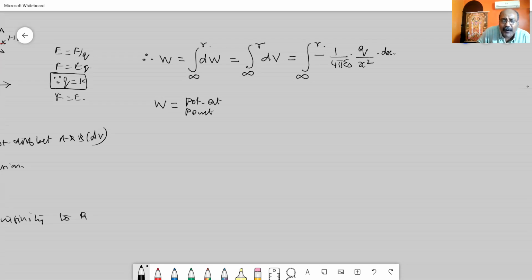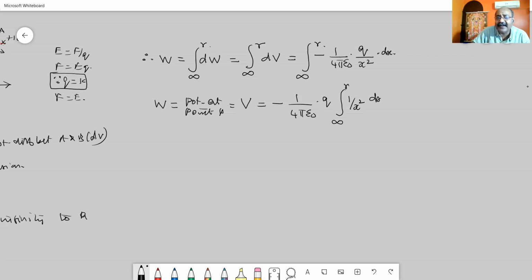So the potential at the point P is V, which is equal to minus of the constant 1 by 4 pi epsilon 0 into Q, and I integrate only 1 by x square dx from infinity to R. Sir, how do we integrate 1 by x square dx?